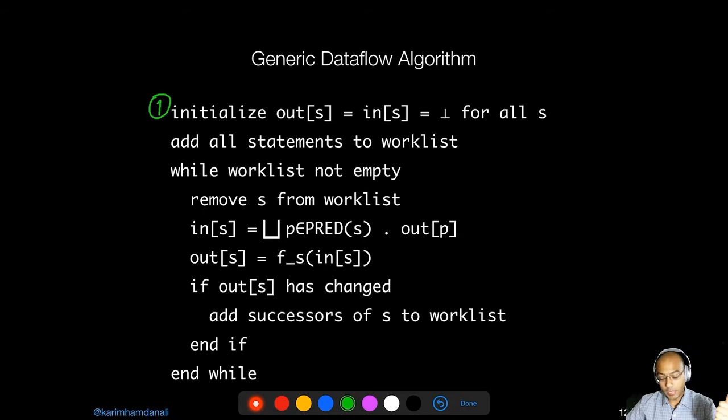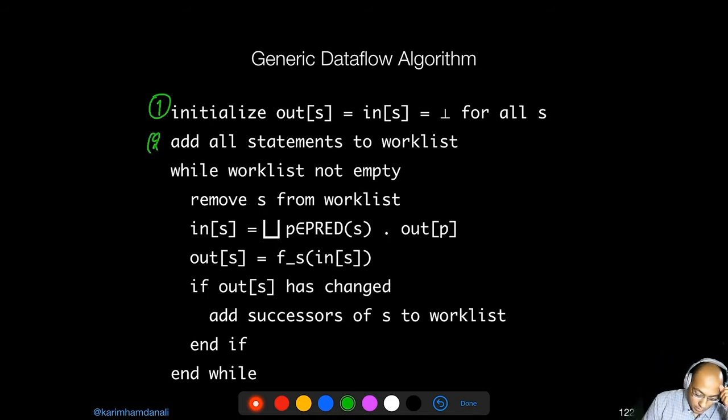Remember, you need to initialize the outsets of all the statements and the input statements to be the bottom value. So you're starting with an initial value that says, I have no idea what those values are going to be, so I'm just going to say, I don't know about anything. I don't know what the value could be. So you're choosing the bottom value of the lattice. You don't know anything about it for all statements.